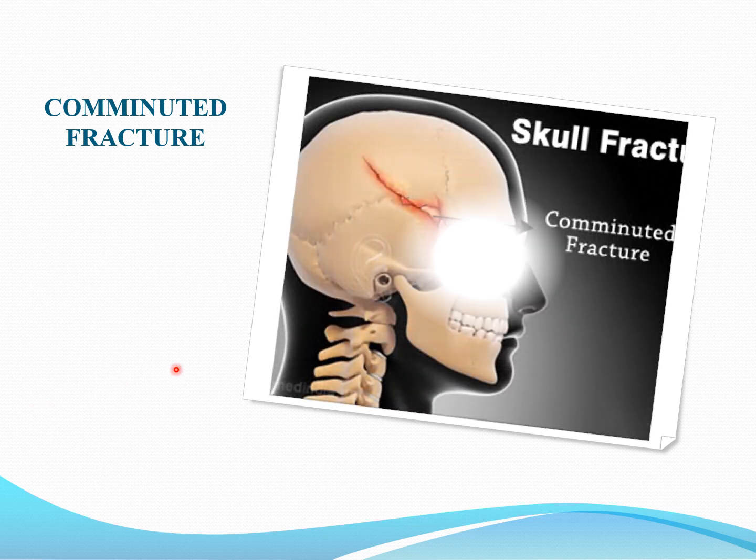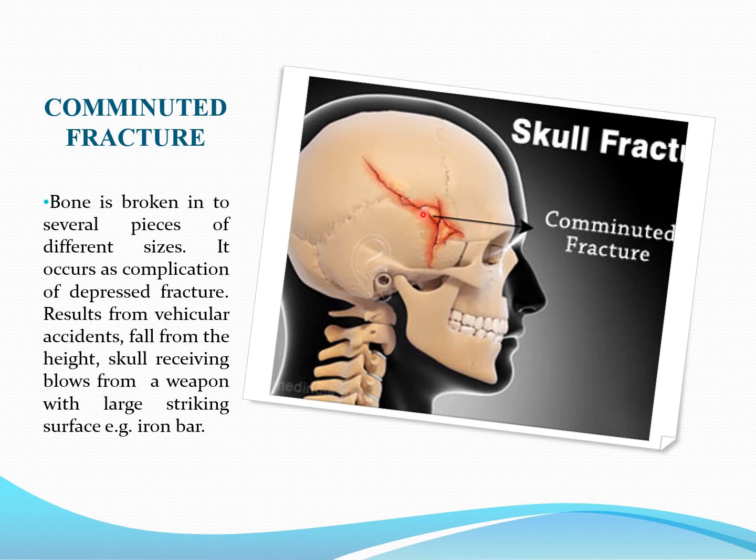A comminuted fracture is a type of fracture in which the bone is broken into different pieces. It is not a single fracture; it is usually associated with two or more fractures. So in this picture, you may see that the bone is broken into several pieces of different sizes, and it usually occurs as a complication of depressed fracture.